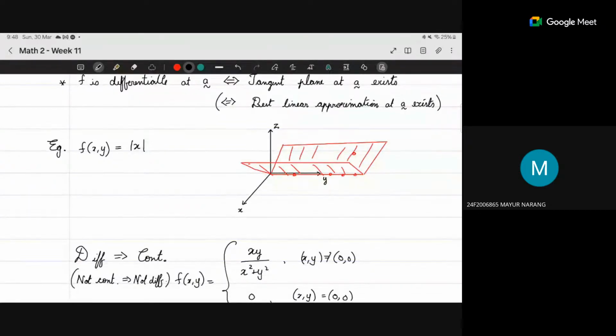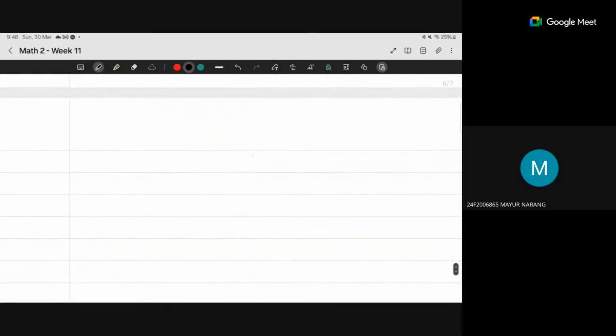One more example, is it only a mod x type of function? We just have to denote it with mod x or any more? Not necessarily mod x. Piecewise functions also will sometimes become sharp. If you take a cone, this has exactly one point where there is sharpness, which is the origin.